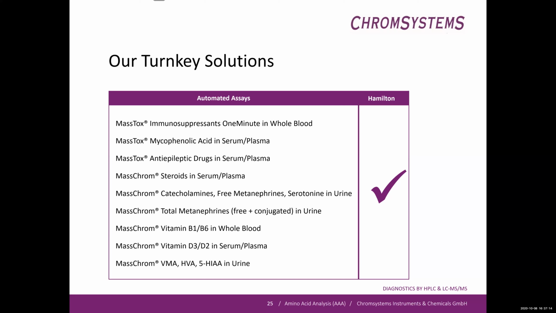We have, of course, also the mycophenolic acid available on Hamilton platforms, the anti-epileptic drugs, the catecholamines, free metanephrines, serotonins, the total metanephrines in urine, the vitamin D3, D2, the VMA, HVA, 5-HIAA in urine. And recently we added to that list the steroids and the vitamin B1, B6 in whole blood.